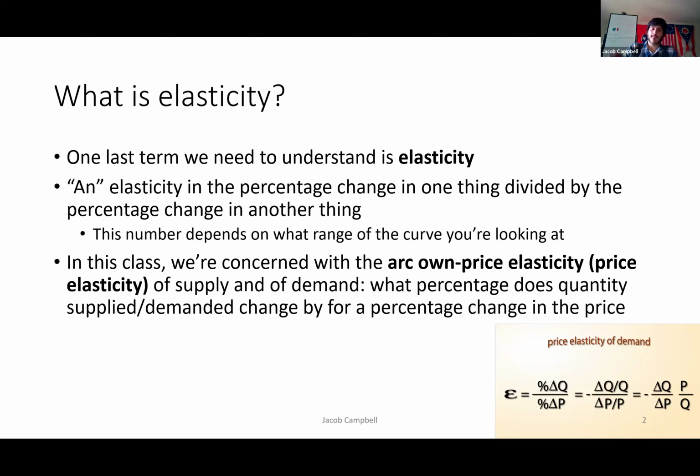And we're going to look at that for supply and for demand. Supply elasticity, demand elasticity. What percentage does the quantity supplied or demanded change by for a certain percentage change in the price? Usually assumed to be a 1% change.